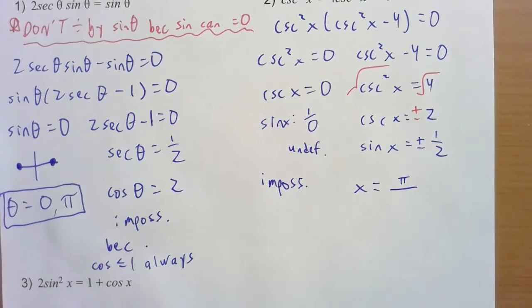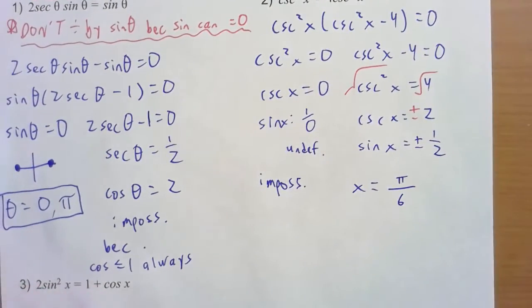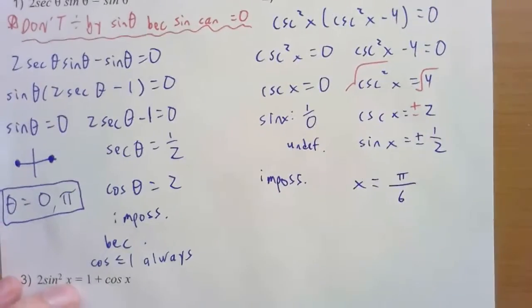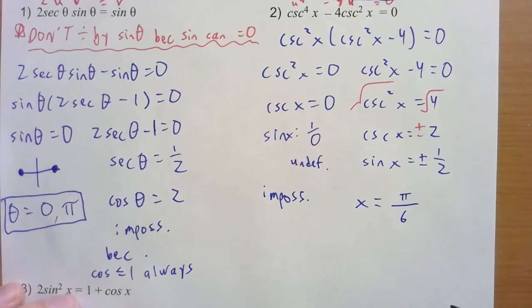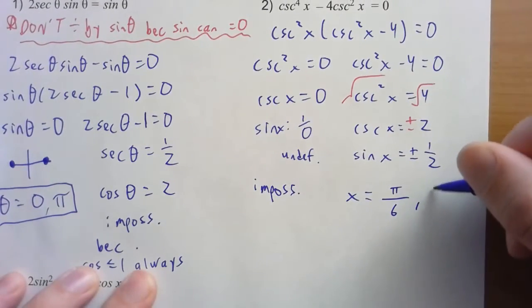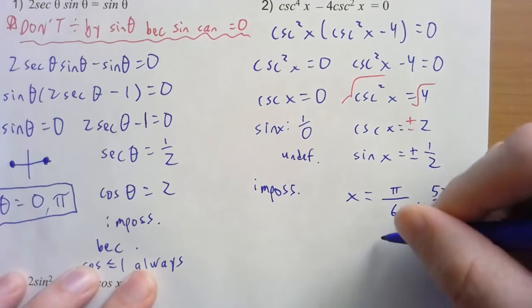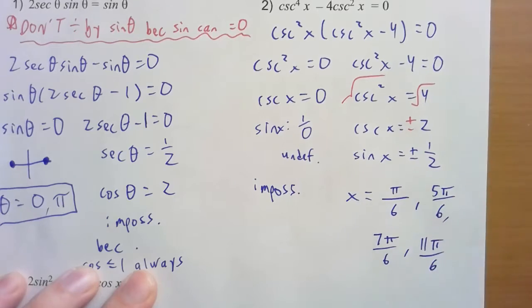Pi over 3, pi over 4, pi over 6. This one would be pi over 6 on the unit circle, y being a half. That's pi over 6's. And then plus or minus means I could have all 4 quadrants. I can have first quadrant, second quadrant, third quadrant, fourth quadrant. So this can be pi over 6, 5 pi over 6, 7 pi over 6, and 11 pi over 6.